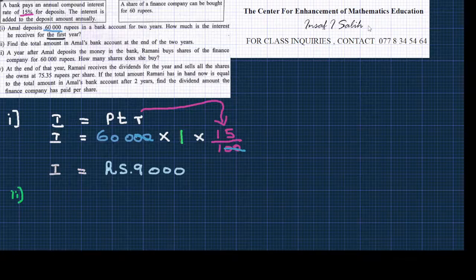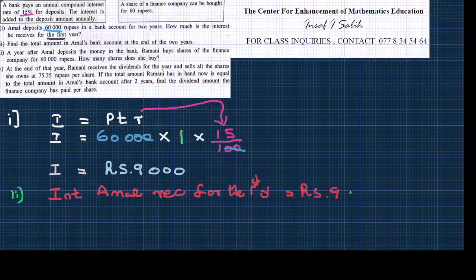There are multiple ways to calculate the total interest. Let me do year-wise. We already know the interest Amal received for the first year. We found that in Roman 1, that's rupees 9,000.